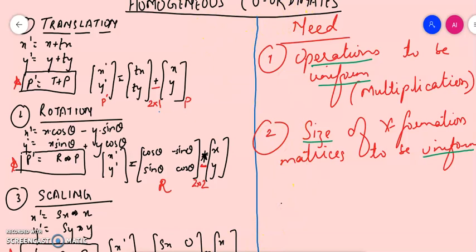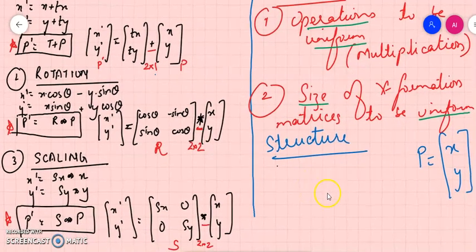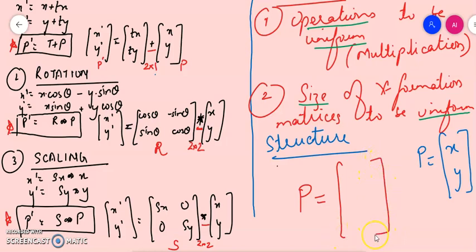And what is the standard structure for homogeneous coordinate? Let me pick up a point coordinate. A point was denoted as x, y. But now when I am talking about a homogeneous coordinate, we try to explain it with the help of a point. Whenever I am taking a homogeneous coordinate point P, I will denote it as 3 rows, 1 column.